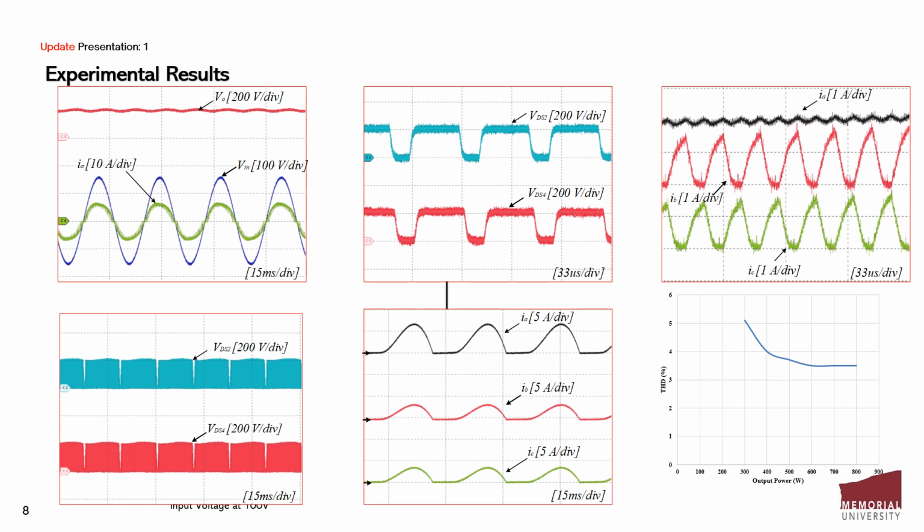The figure in the top middle is the zoom in version of the gate to source voltages of switches S5 and S6, and the far left down figure is the zoom out version. We also have the inductor currents displayed over here.